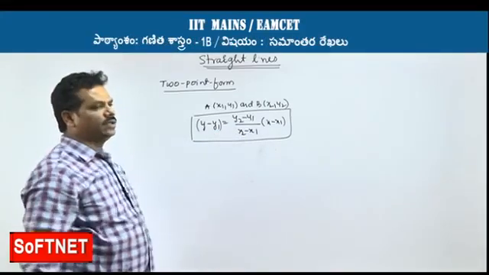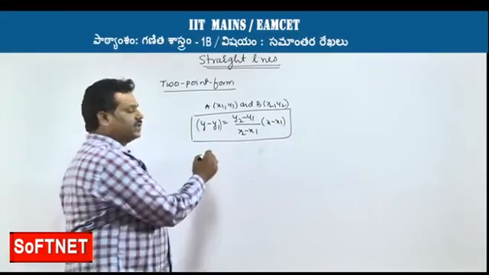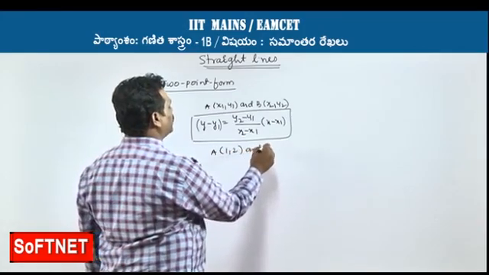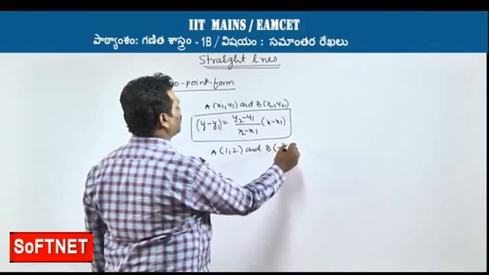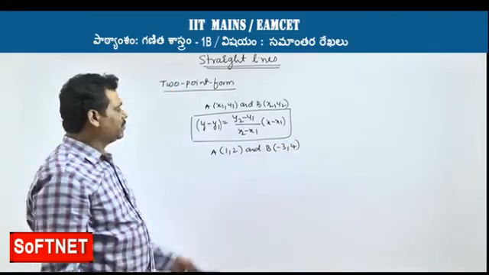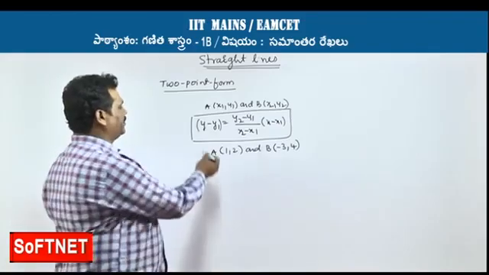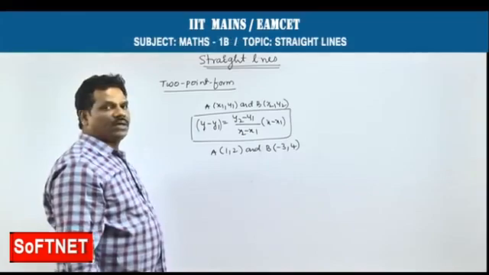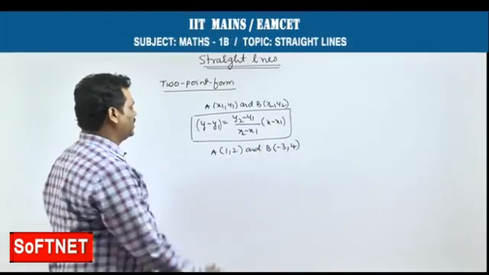For example, find the equation of the straight line passing through the two points A of 1 comma 2 and B of minus 3 comma 4. We know the formula y minus y1 equal to y2 minus y1 by x2 minus x1 into x minus x1.